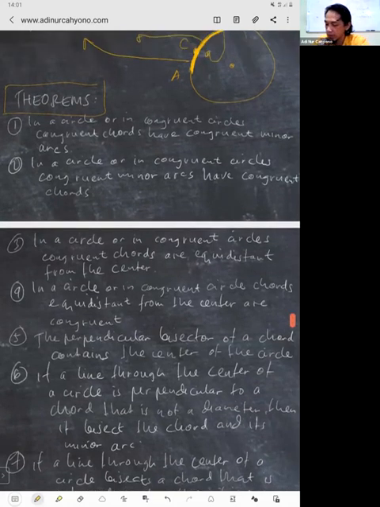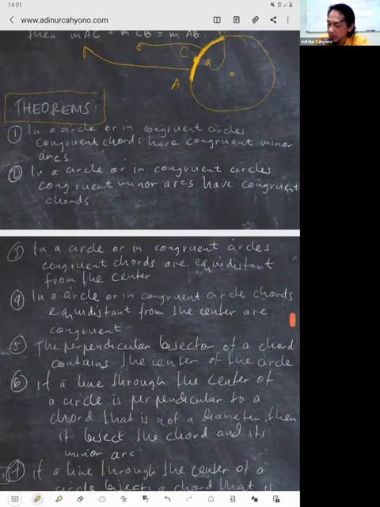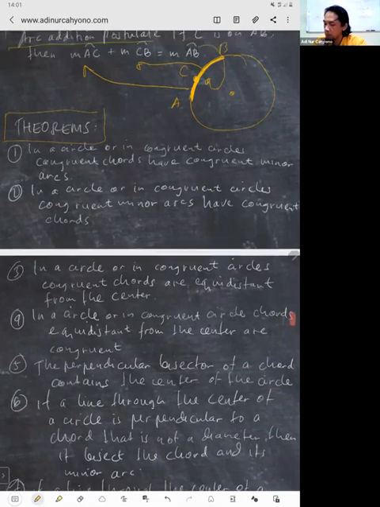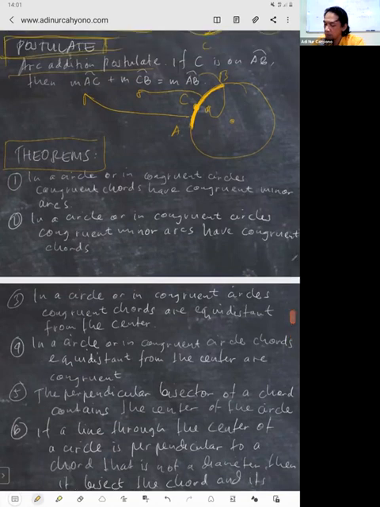Okay, the first theorem is: in a circle or in congruent circles, congruent chords have congruent minor arcs. For example, this is a chord, and this is also a chord.